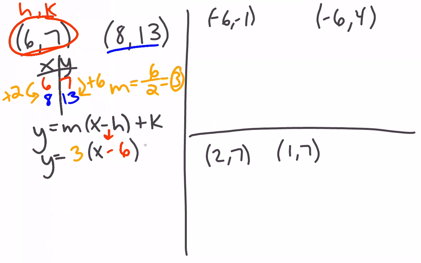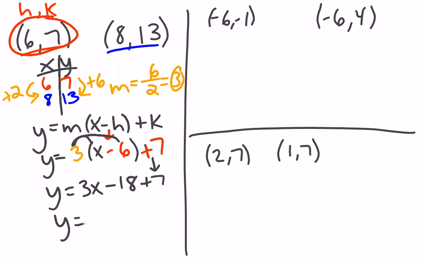I keep k, so I'm keeping it as a +7. Now my last two steps are distribute and combine like terms. So distribute. 3 times x is 3x. 3 times -6 is -18. Bring down your +7. -18 plus 7 is going to be -11.